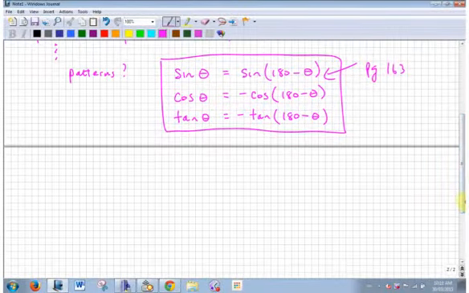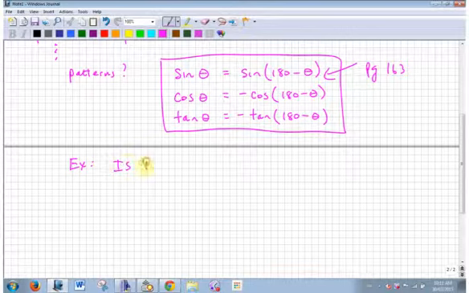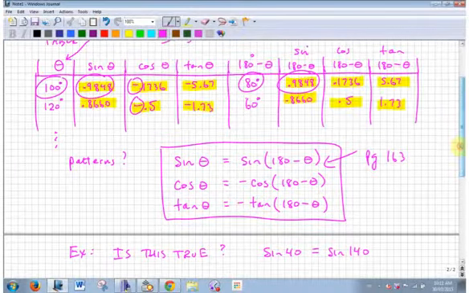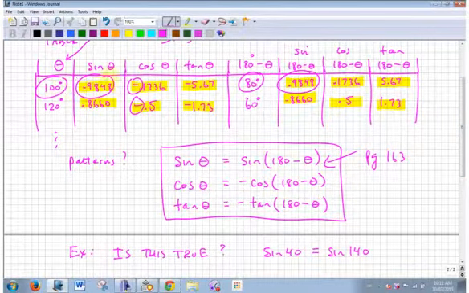Okay, so some questions we're going to give you would be like this. Is this true? Sine of 40 is equal to sine of 140. Is that true or false? What do you think? Well, what did we do here? Sine of 100 was equal to that.